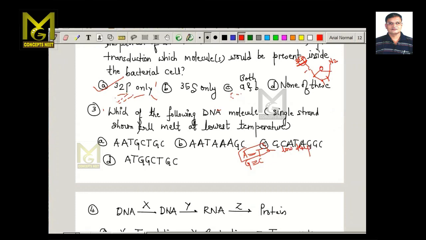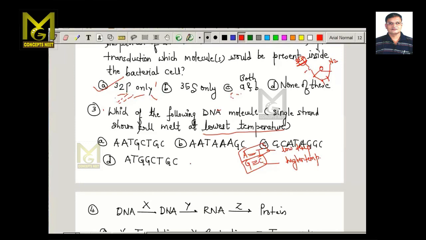If a strand has more G and C, it will melt at a higher temperature. But the question asks which will melt at the lowest temperature. So we have to find the sequence which has minimum GC or maximum A and T.